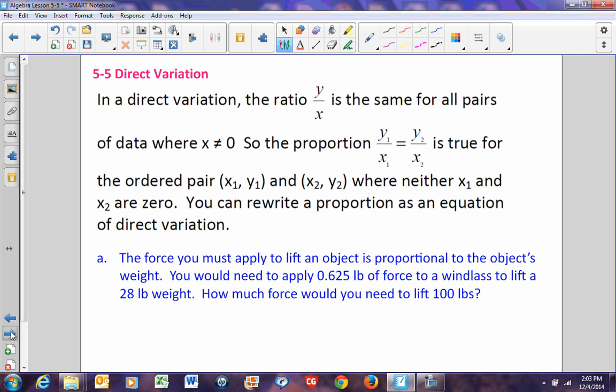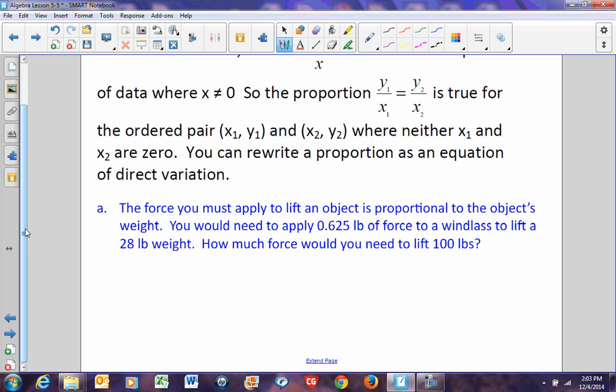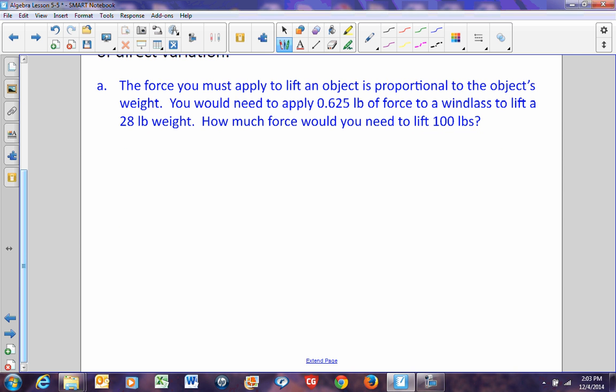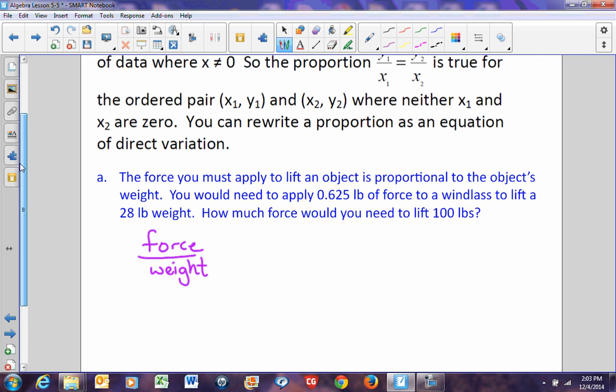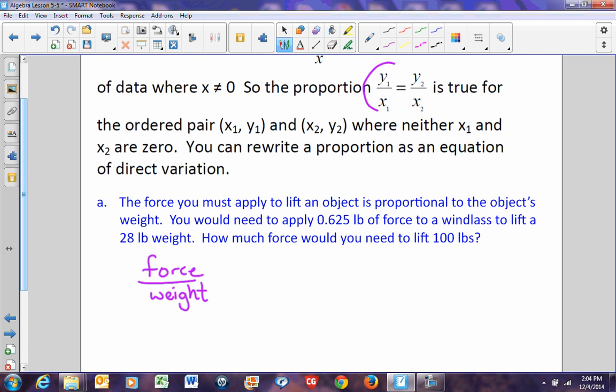It says, the force you must apply to lift an object is proportional to the object's weight. You would need to apply 0.625 pounds of force to a windlass to lift a 28-pound weight. How much force would you need to lift 100 pounds? Okay. Force varies directly with weight. And up above, you had this proportion.